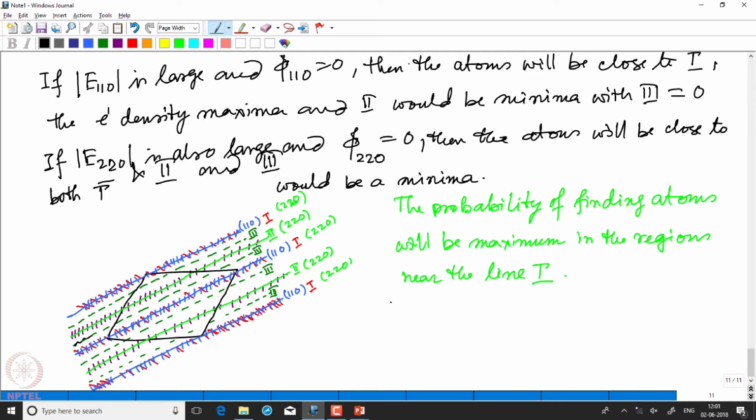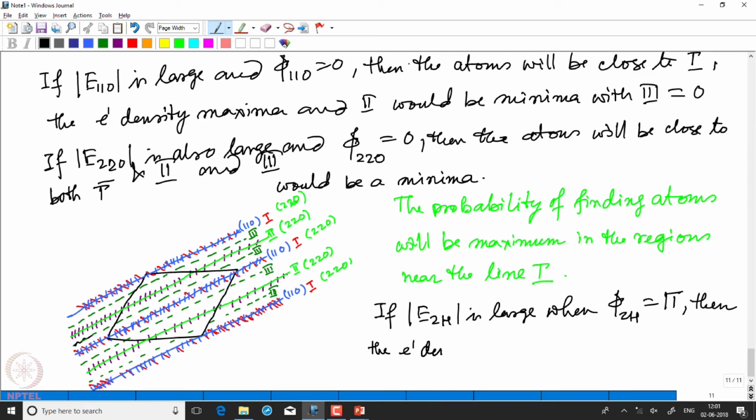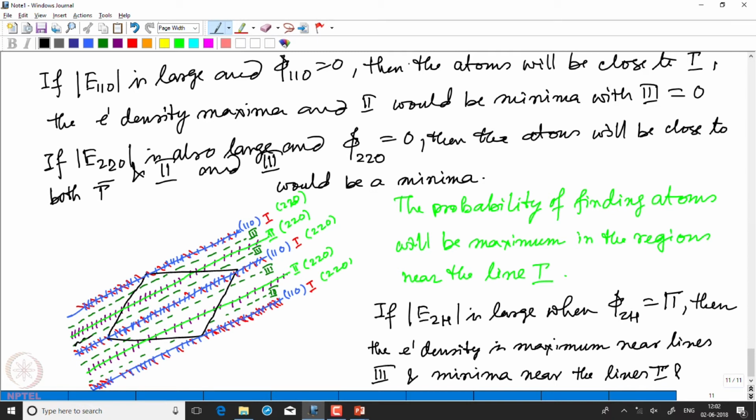If a different situation arises, so if E2H is large when phi 2H is pi, then the electron density is maximum near the lines marked as 3 and minima near the lines 1 and 2.